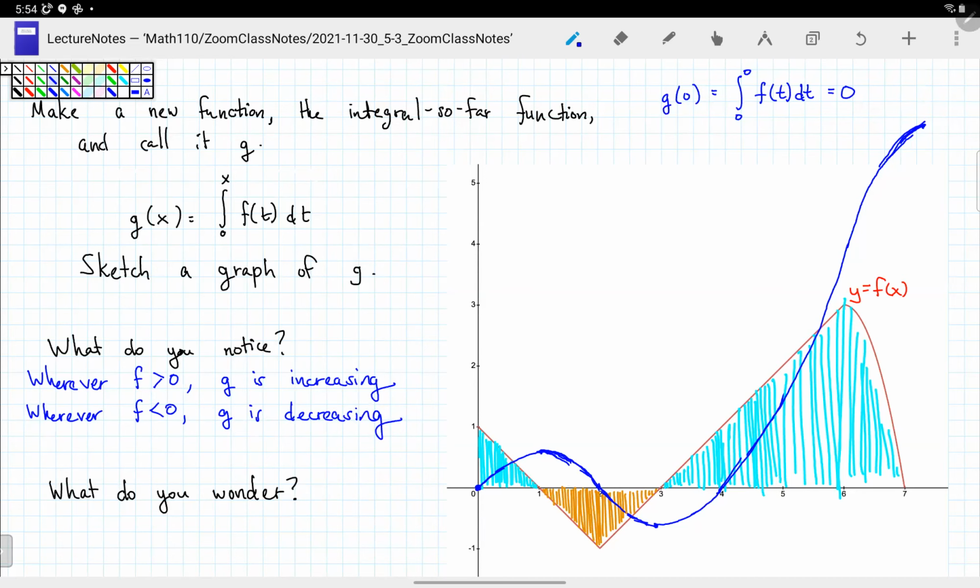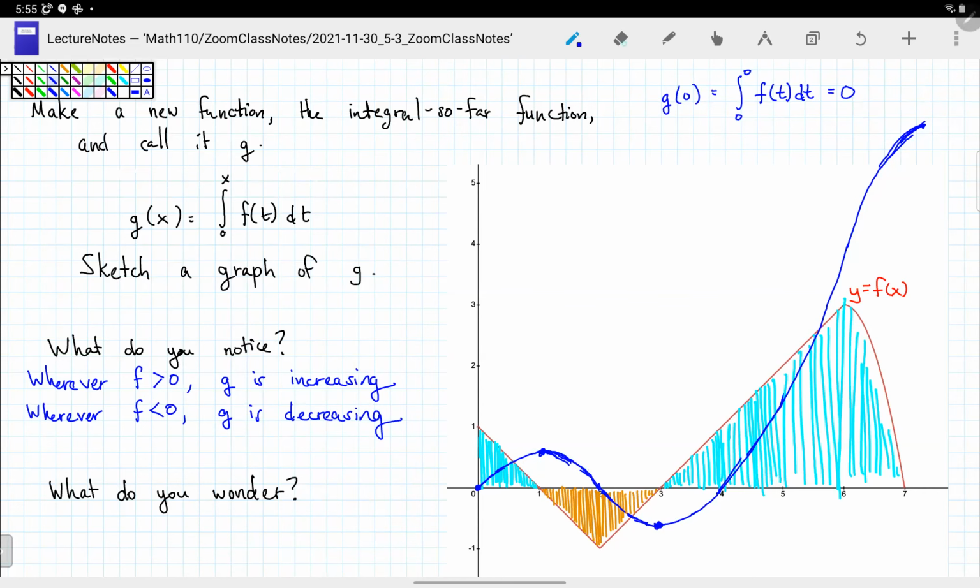Now, something that you may have noticed along the way too is these local maximum and minimum values of g. And I want you to think about what feature of f that corresponds to. What we see here is that g was increasing and then decreasing, and that's where f switched from having a positive value to a negative value.